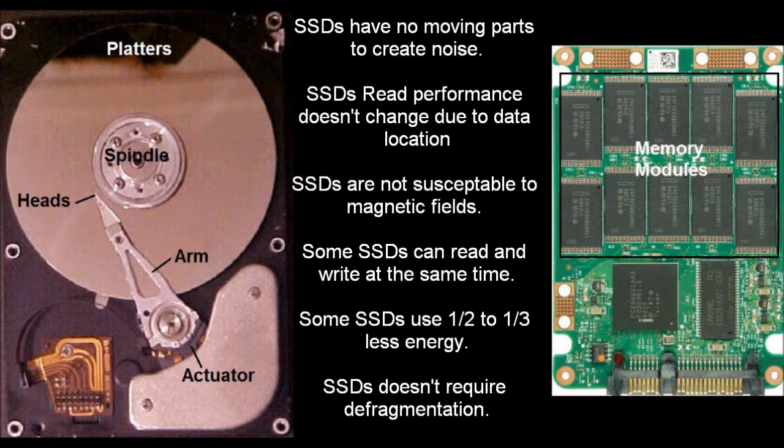Now, if the heads were out at the edge of the platters, the throughput is a whole lot higher, because you can store more information on the outer edge of the disk than you could on the inner edge. This is why the throughput is a lot higher. So where your data is located on the drive will determine how fast that data is read or written. If you look to the right, you don't have that problem.